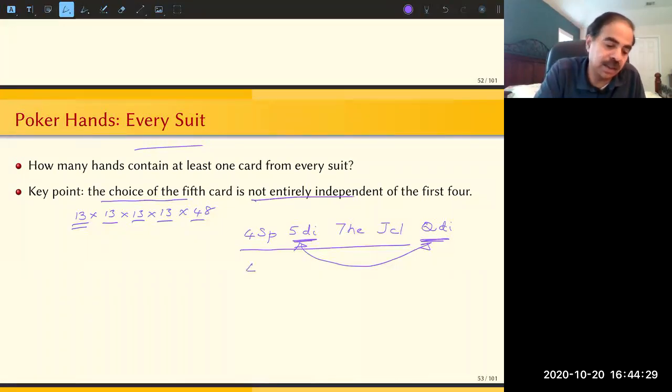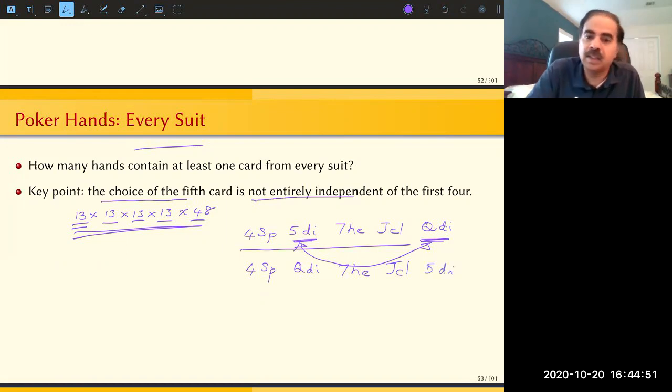Because the way we are generating this, we would generate the same hand twice.